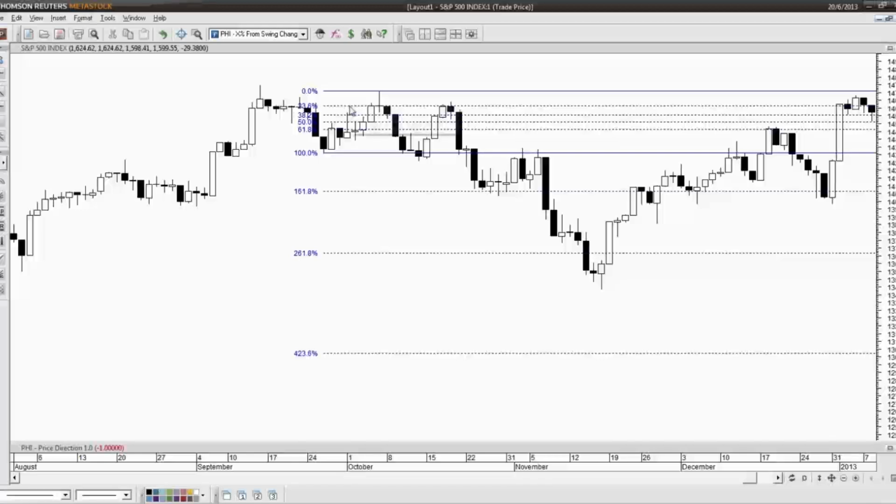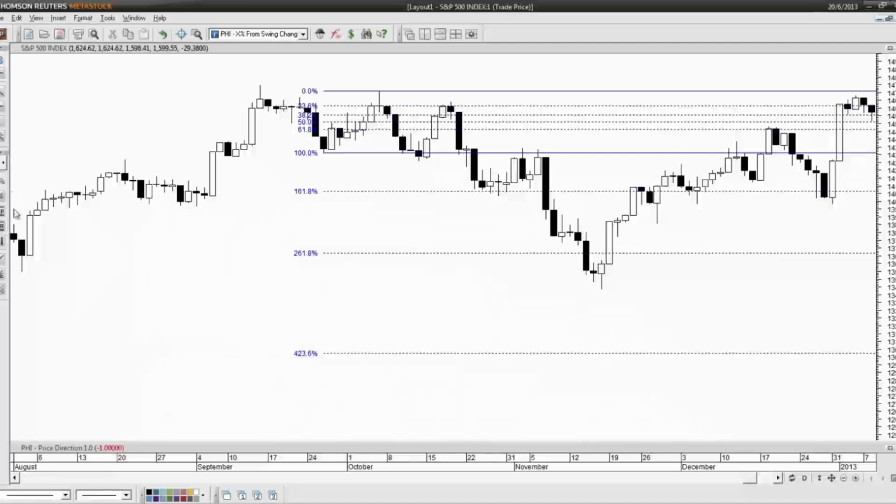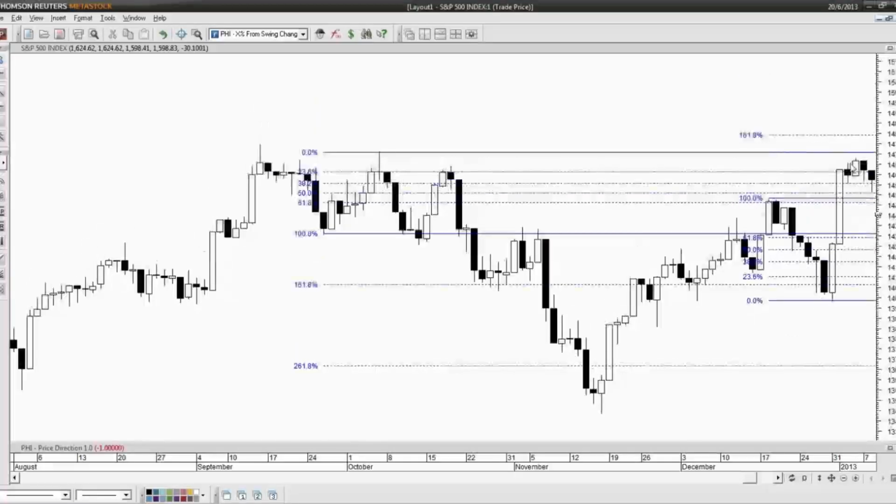I'm trying to grab this Fibonacci, but for some reason I don't seem to be able to, so we'll put another one on, from here to here, and I'm going to change the color. So we would enter at 1450, more or less, 1447, put our stop loss at 1397, and our first target would be the 1480.